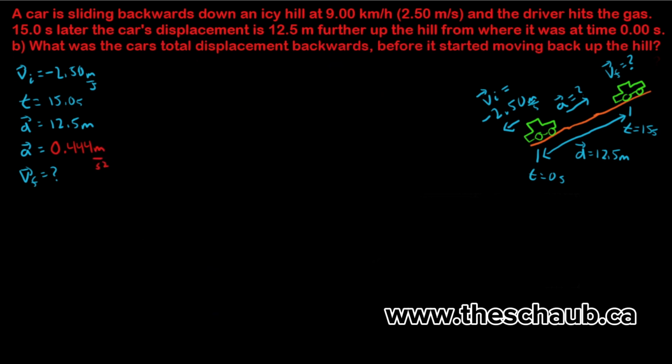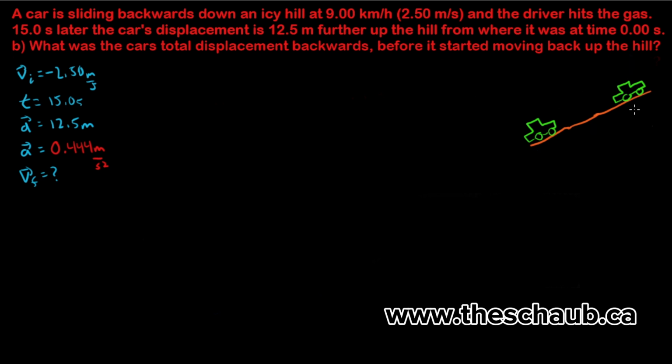In part B, we look at what was the car's total displacement backwards before it started moving back up the hill. We could adjust our diagram, but it might start getting a little convoluted. So let's just make a new diagram for part B. In part B, our car initially starts on the hill with a velocity of negative 2.5 meters per second.